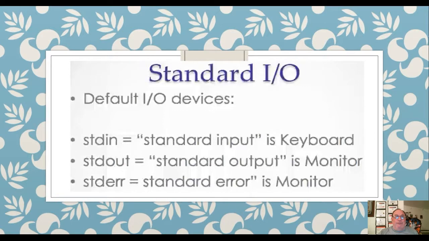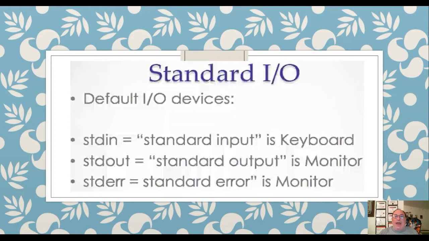So investigating further, we want to look at our standard I/O, which means input-output devices. In Linux, it has certain default I/O devices. The standard in, denoted by STDIN, that's the standard input, and by default, that's usually going to be your keyboard.